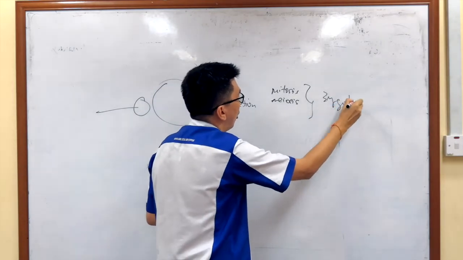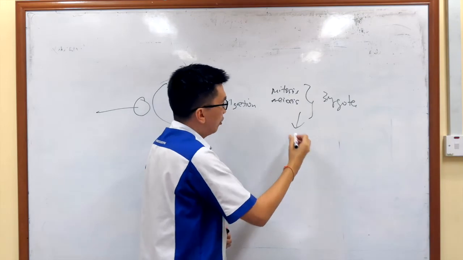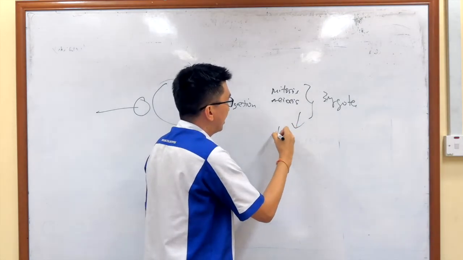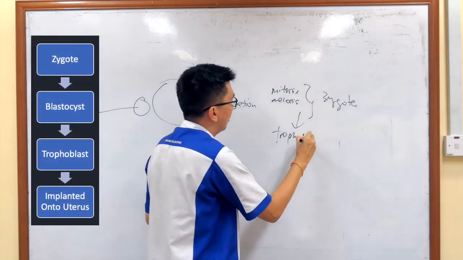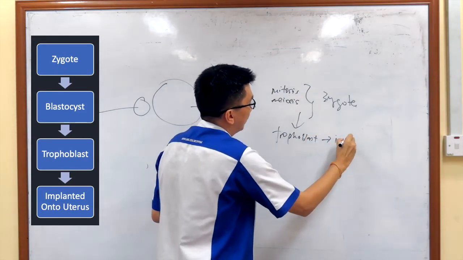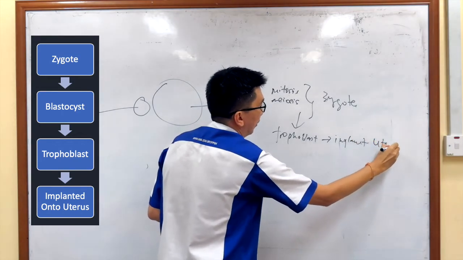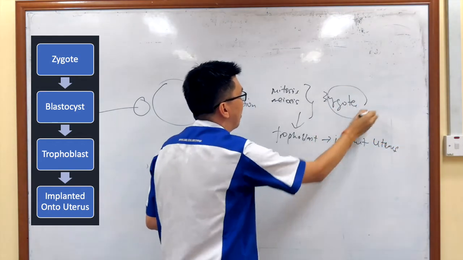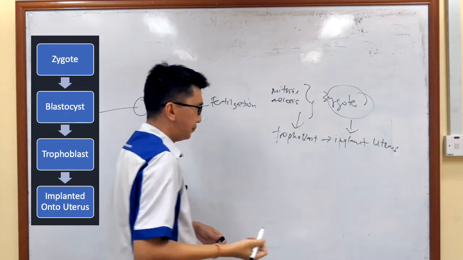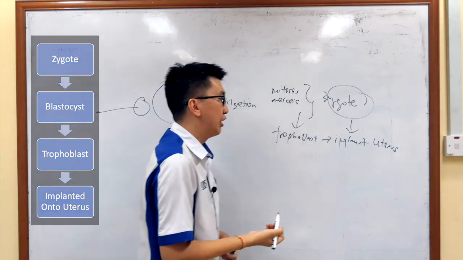The zygote will then undergo changes and form a trophoblast, which will then implant onto the uterus.